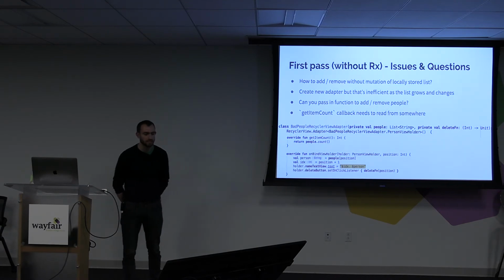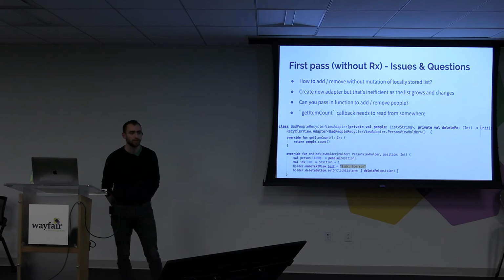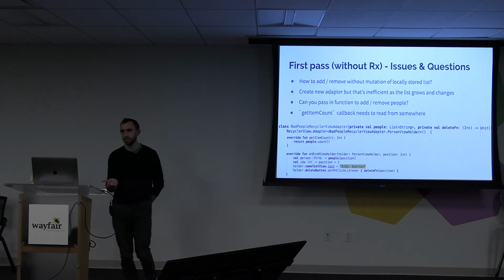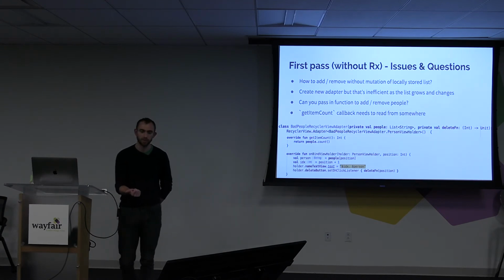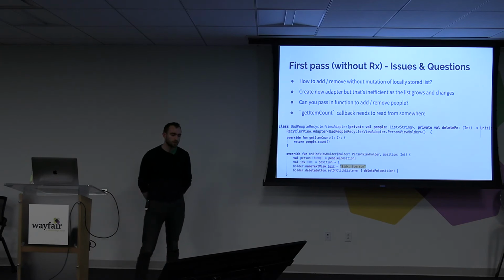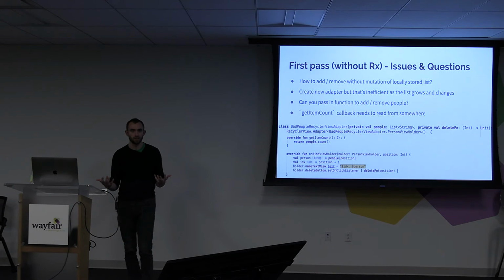And I kept getting stuck on this getItemCount callback. getItemCount is a callback of the recycler view adapter that gets called every time an adapter is set on a recycler view, and every time notifyDataSetChanged gets called. So it gets called pretty often, and it needs to read this information from somewhere.